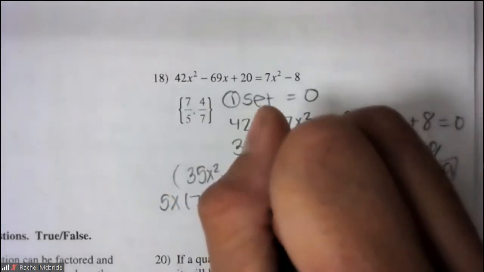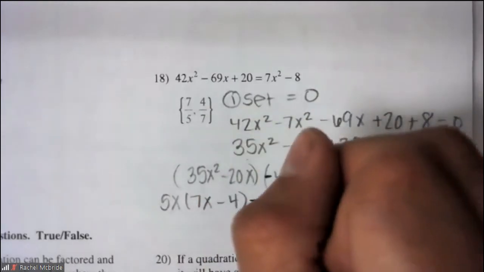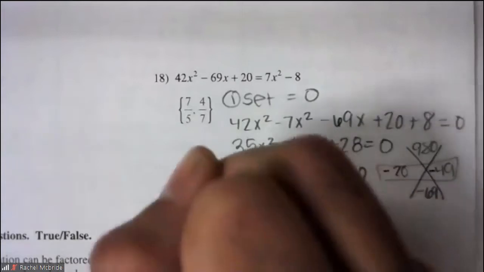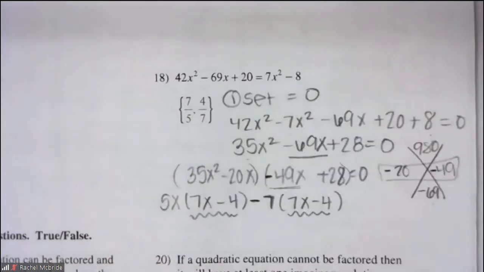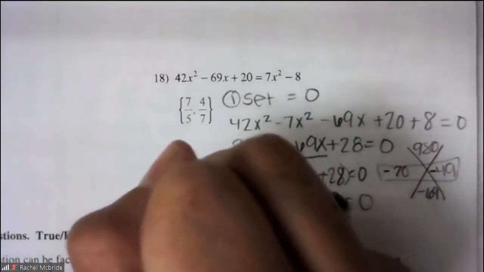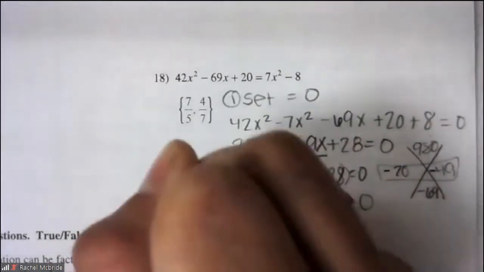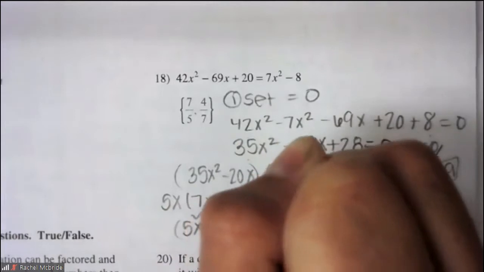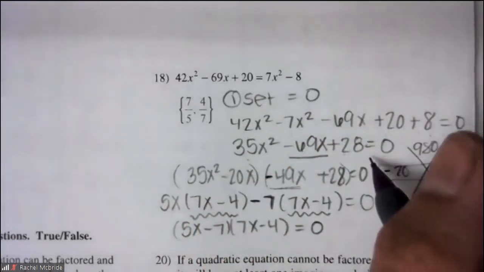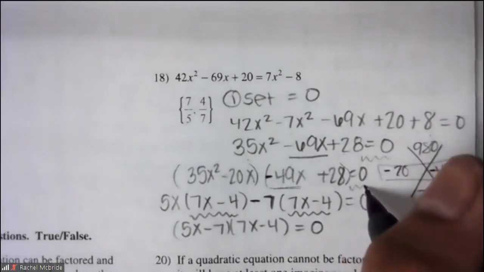I'm going to take out a negative 7, leaving me with 7x minus 4. So my two inside parentheses match, and I get 5x minus 7, 7x minus 4. That's factored form.